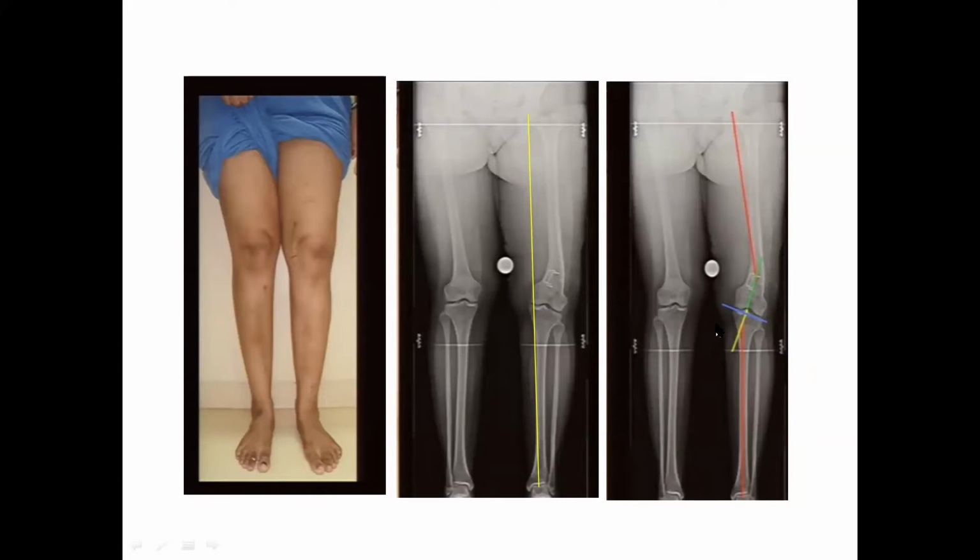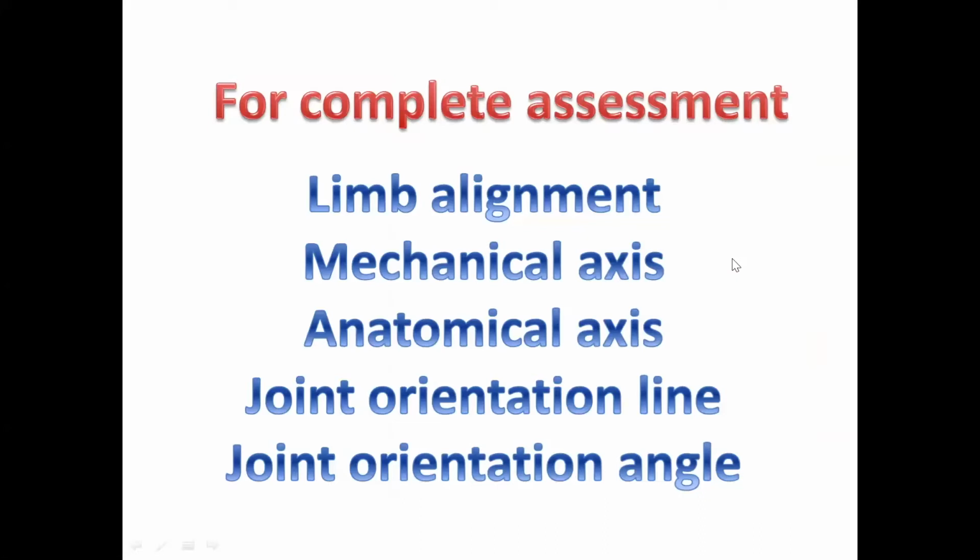So that's why we have to know the overall calculation, degrees, and deformities. For complete assessment of the limb, we have to know a few terminologies. These are limb alignment, mechanical axis, anatomical axis, joint orientation line, and joint orientation angle.